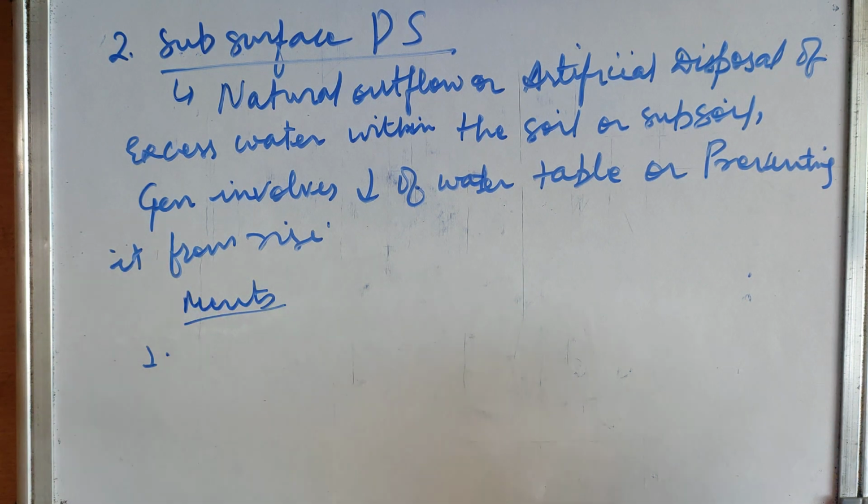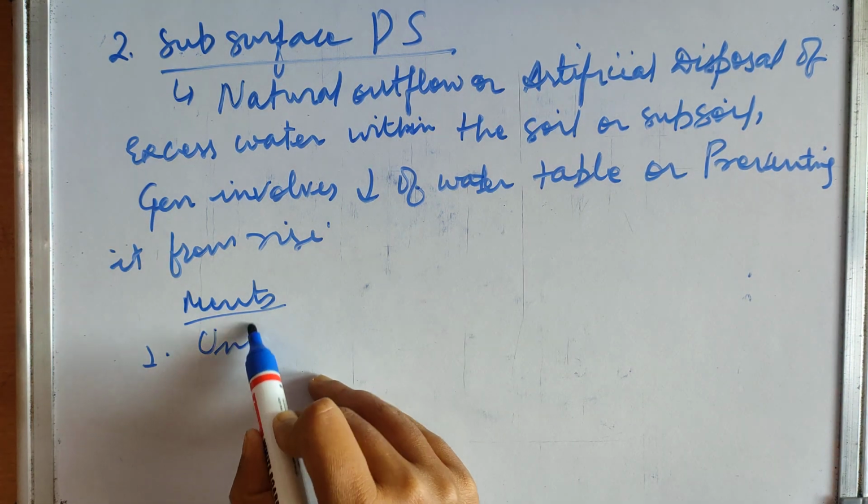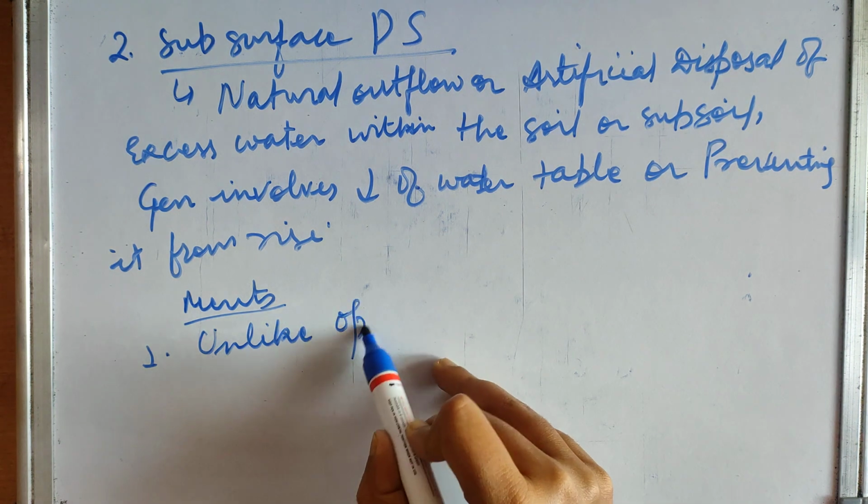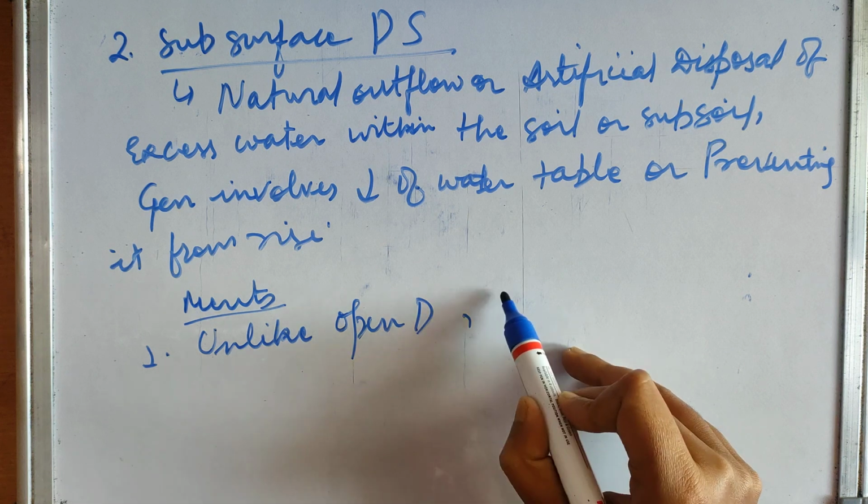First of all, unlike open drainage, land is not wasted. In open drainage we make ditches or dead furrows, so land is wasted.